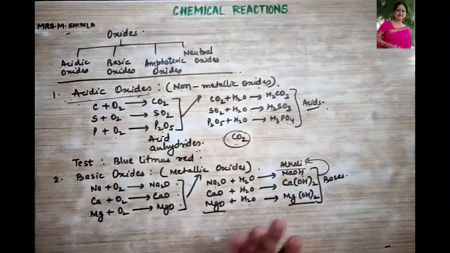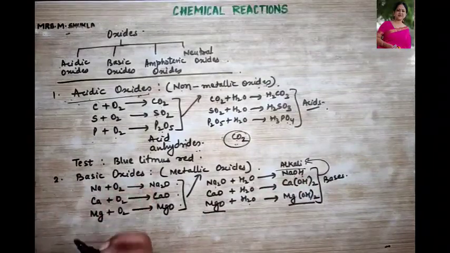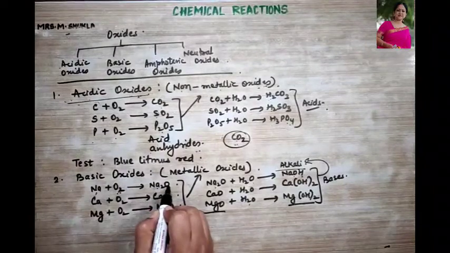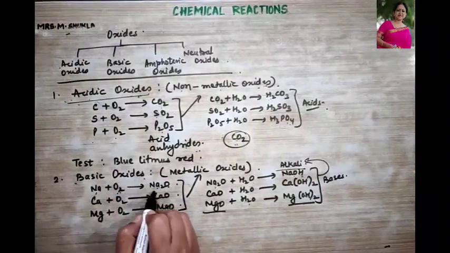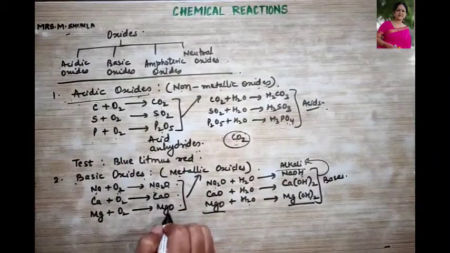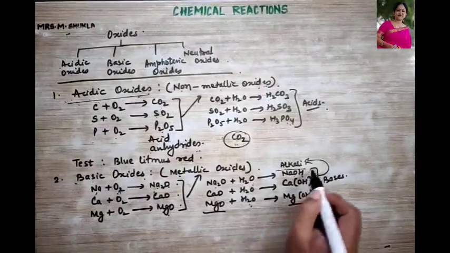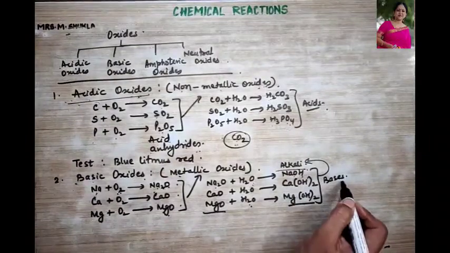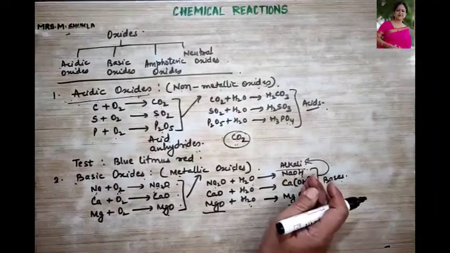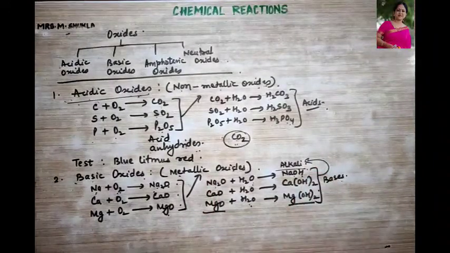Then what is the difference between basic oxides and alkalis? Basic oxides are those where metals react with oxygen to form metallic oxides. They are your basic oxides or metallic oxides. Those metallic oxides or basic oxides which dissolve in water are alkalis. They are also basic in nature. Clear? But we have to remember that all alkalis are bases, but all bases are not alkalis.